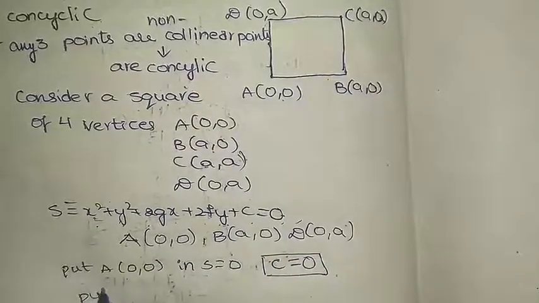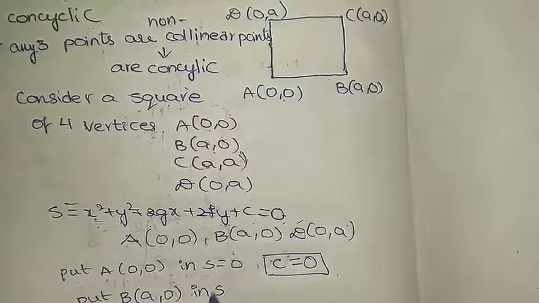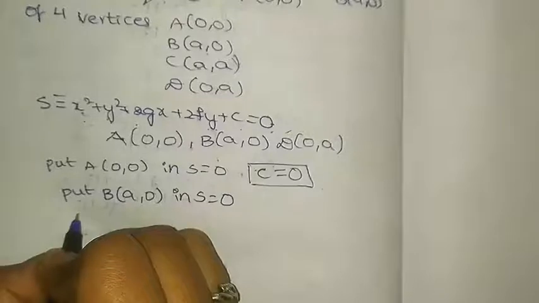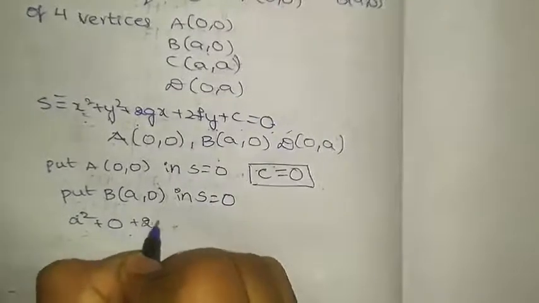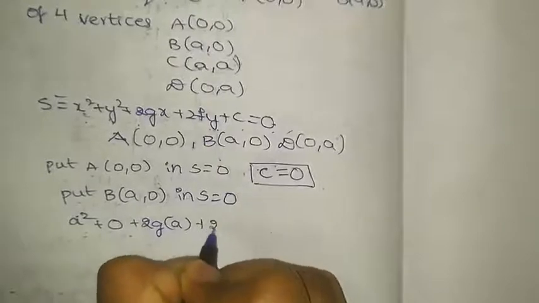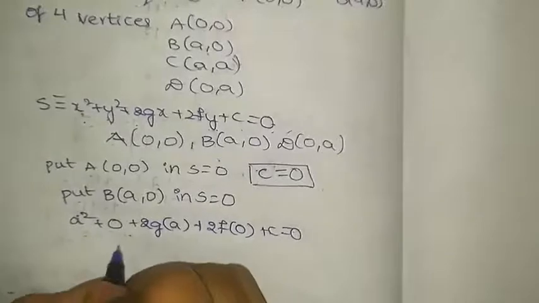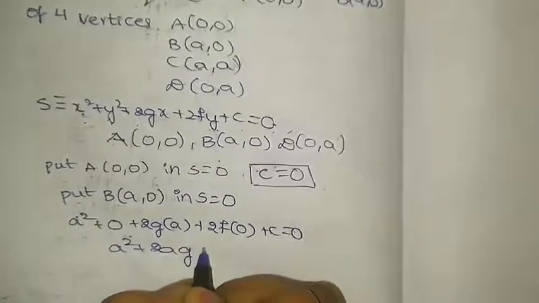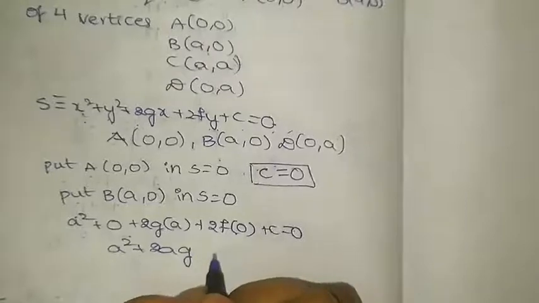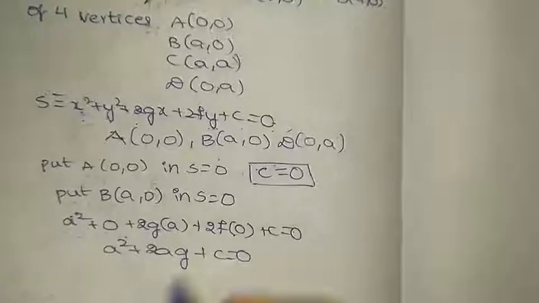Now put B equal to (a, 0) in S equal to 0. a square plus 0 plus 2ga plus 2f into 0 plus c equal to 0. That is a square plus 2ag, this is also 0, plus c equal to 0. But the c value is 0.